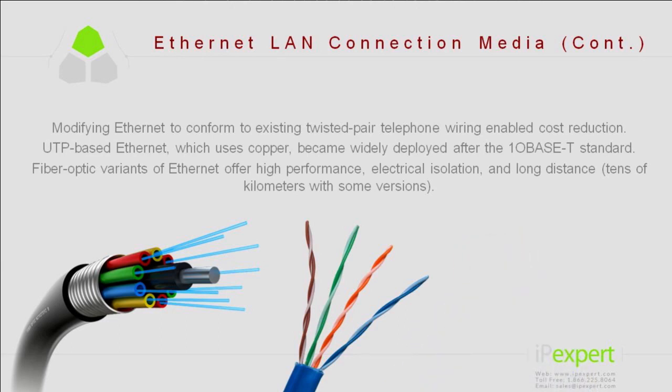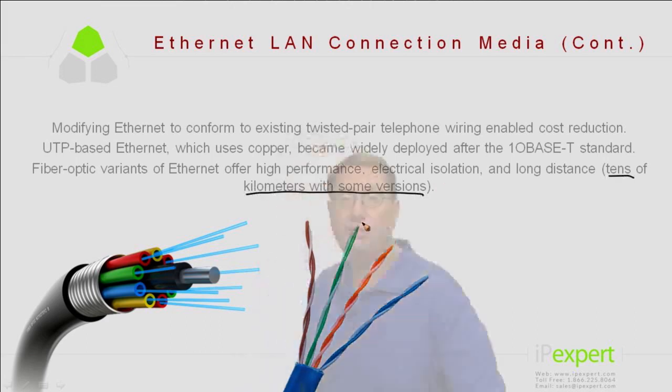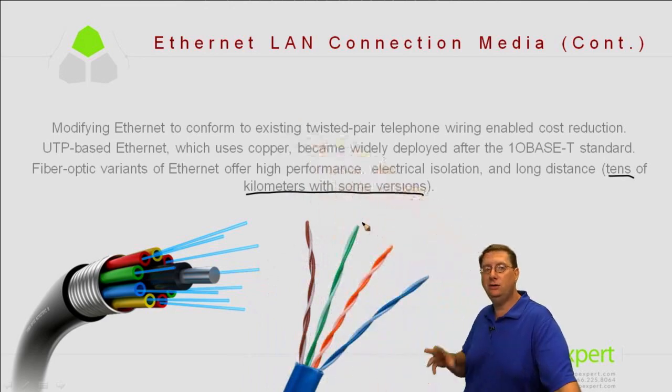But when we look at how this is all interconnected, what we find is that with copper or fiber, we are going to be working in tens of kilometers of distance. When we start working with our Ethernet, it's going to be maybe up to 300 meters. So again, you can see the big difference between these two types of technology, but we have to embrace them.